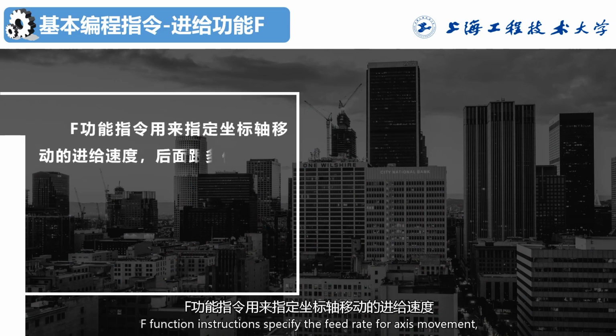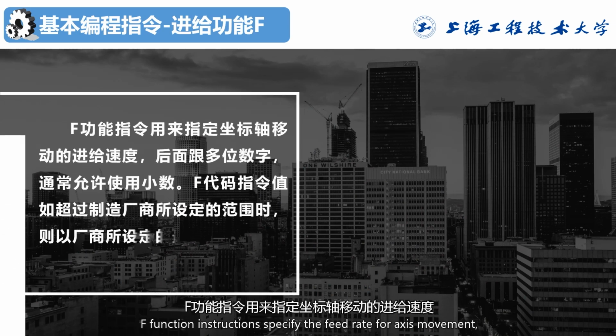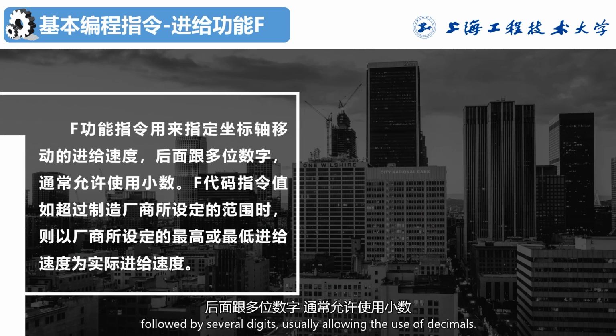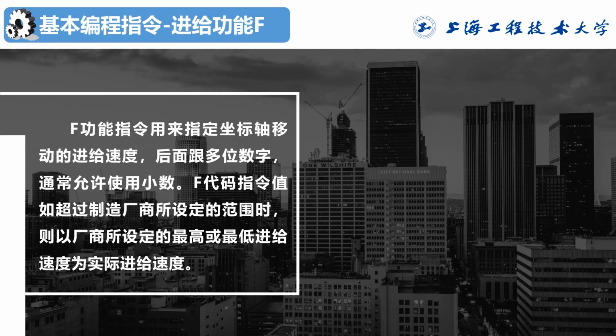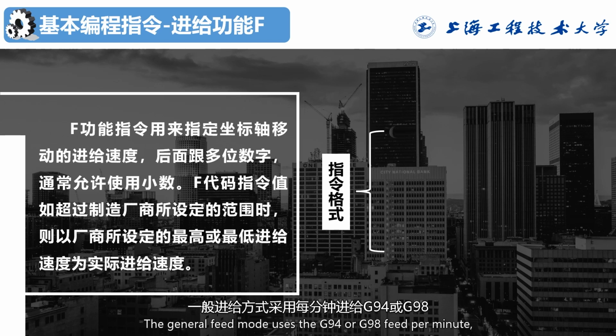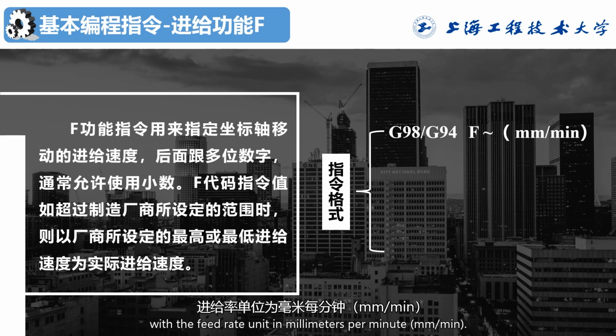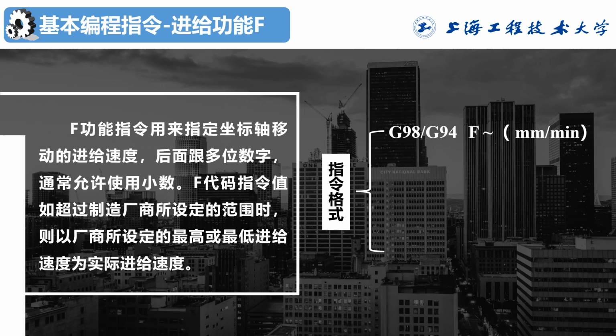F-function instructions specify the feed rate for axis movement, followed by several digits, usually allowing the use of decimals. The general feed mode uses the G94 or G98 feed per minute, with the feed rate unit in millimeters per minute.